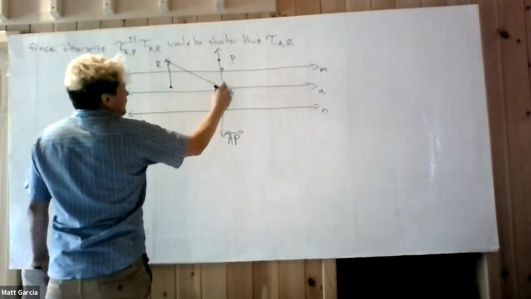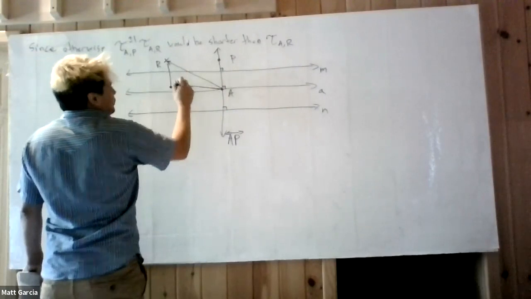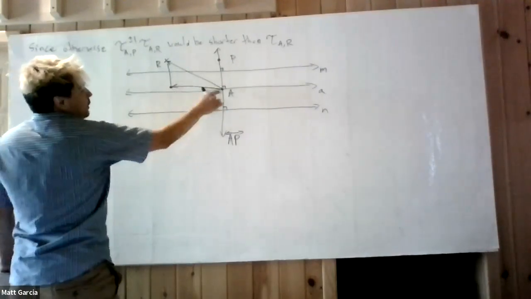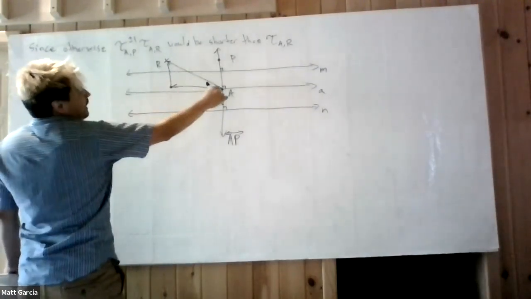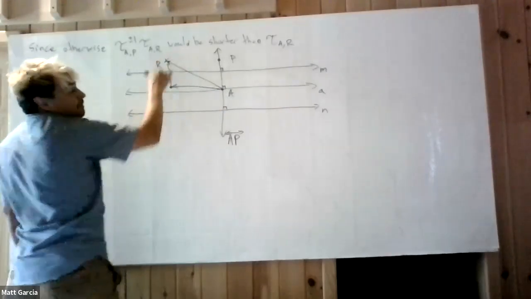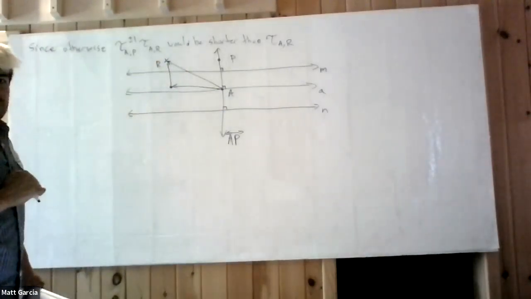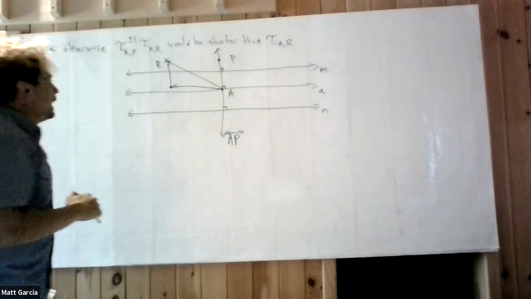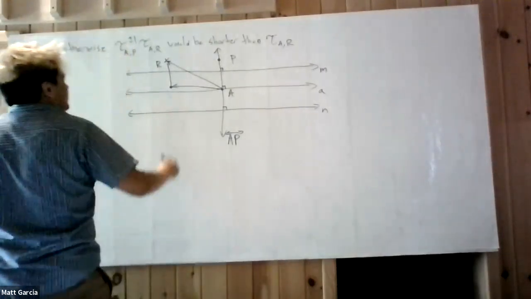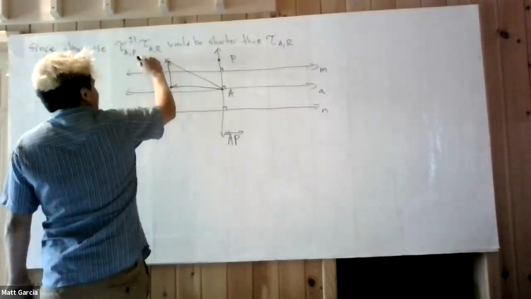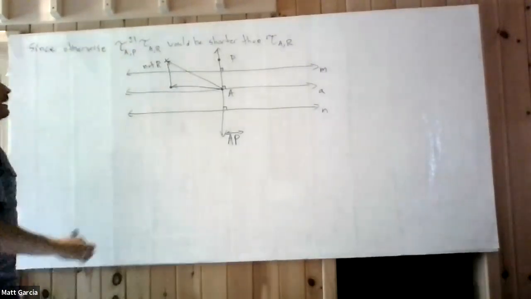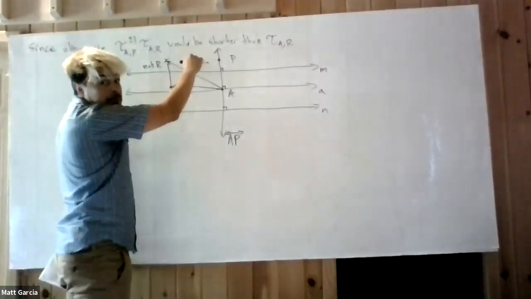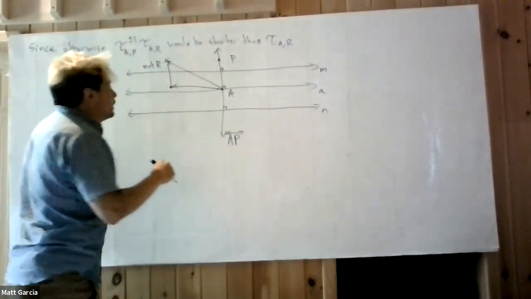So in other words, the composition of those two translations is this, which is shorter than this, okay? And therefore R can't be above the line M, okay?